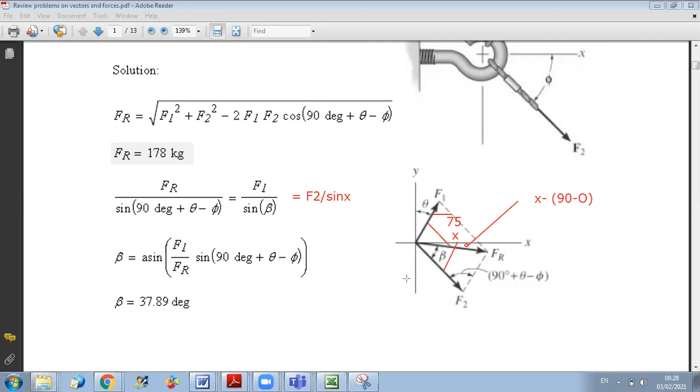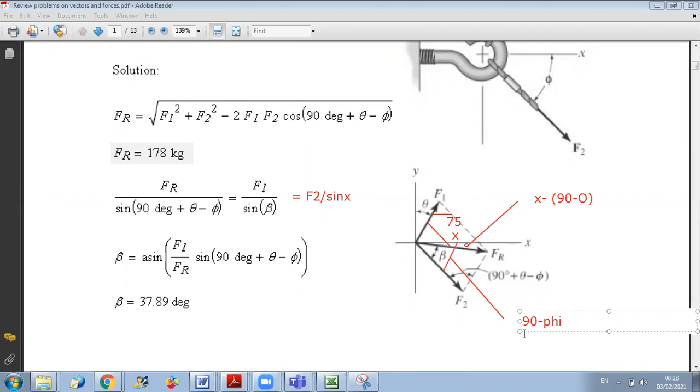Because I know phi here. Yes, I know phi. So this whole angle here will be 90 minus phi. Okay. So this is 90 minus phi. So if I'm able to get beta, I can simply say that the small angle here is.